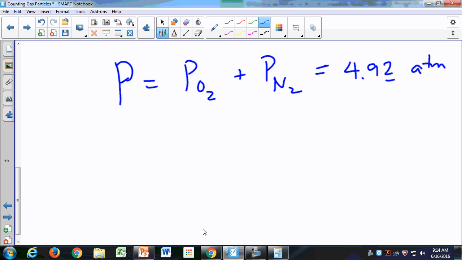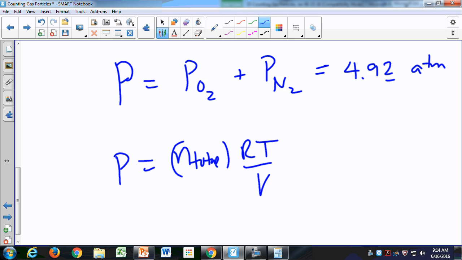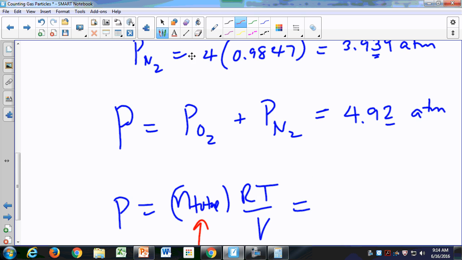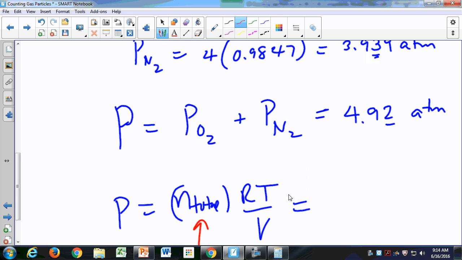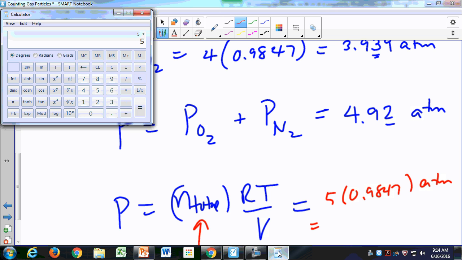We could have just said total pressure is n total times RT over V, and for n total, instead of 4 and 1, which we use for each component, we can just use the total moles, which would be 5, and you should see that this is going to be 5 times 0.9847 atmospheres. And so 5 times 0.9847 is 4.92 atmosphere. Same answer. So that's an illustration of Dalton's law.